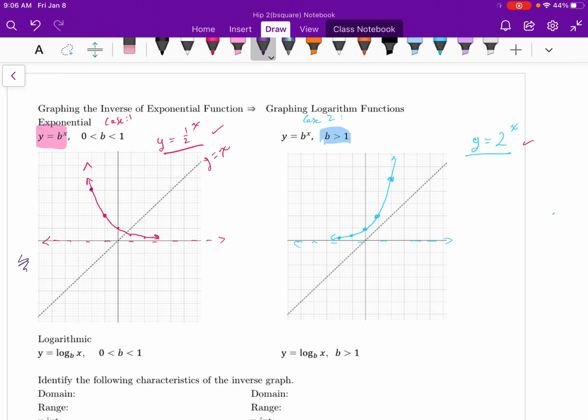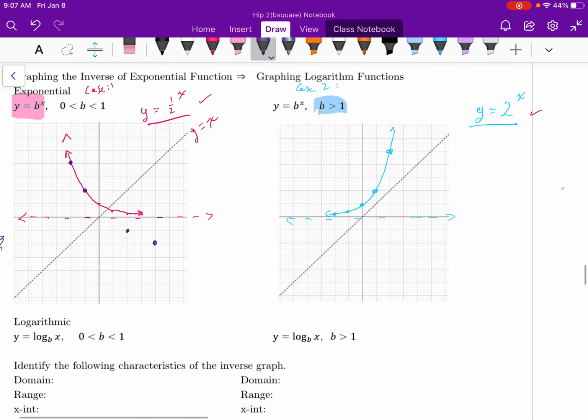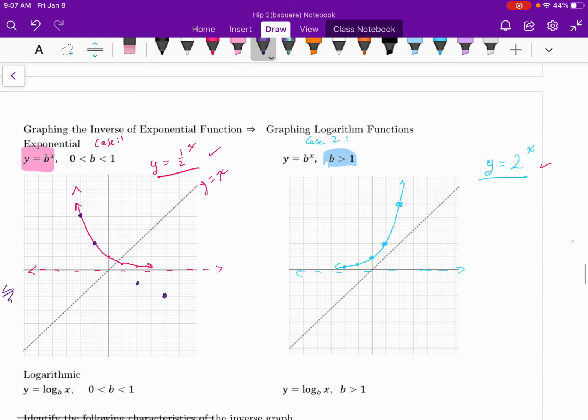I'm going to be moving this point. This point was (-2, 4). So that becomes (4, -2). (-1, 2) becomes (2, -1). (0, 1) becomes (1, 0).